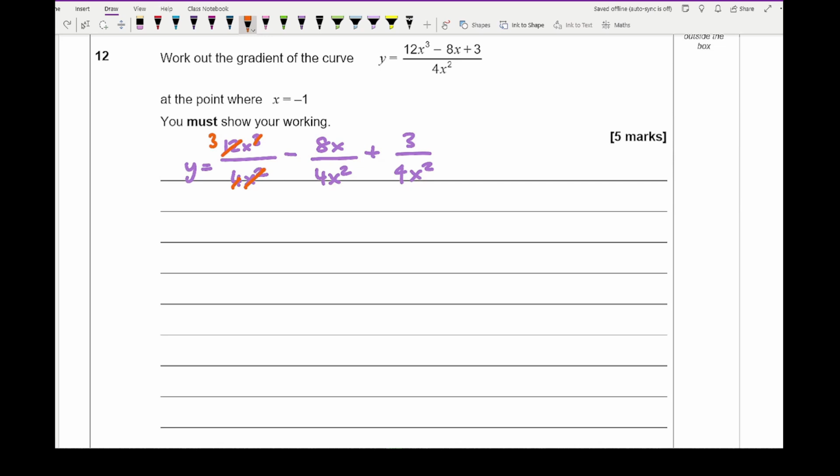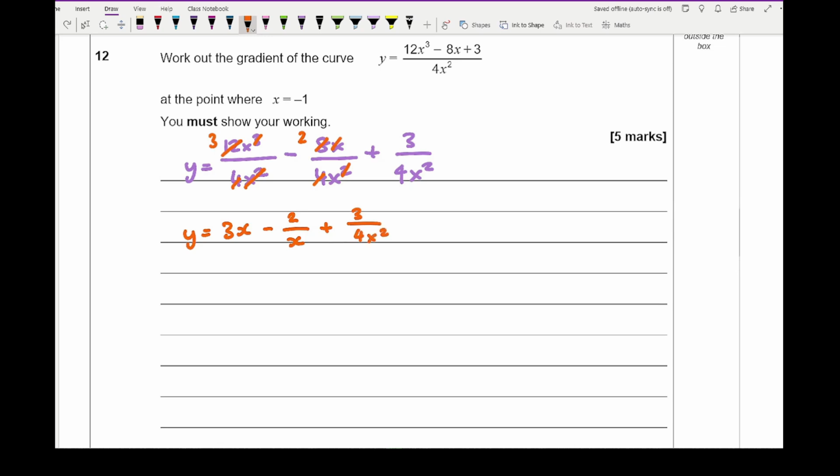Then 8 divided by 4 is 2, so that becomes a 2. And x divided by x squared is just x at the bottom. And then I can't simplify the last term, so I'm going to leave that as it is. Now from this, I can write what's left. So I've got 3x minus 2 over x plus 3 over 4x squared.